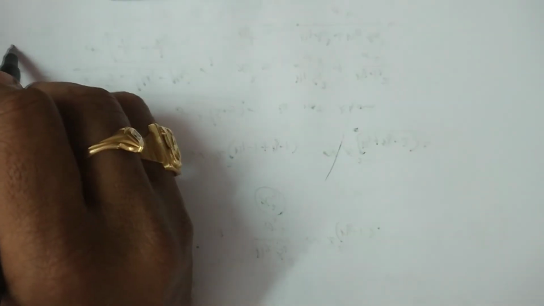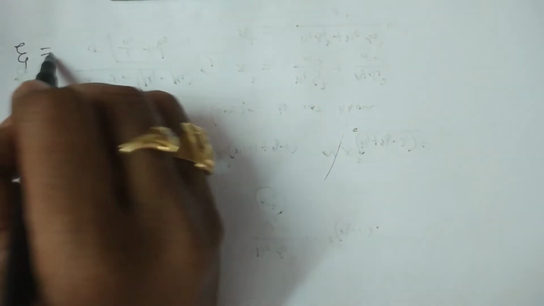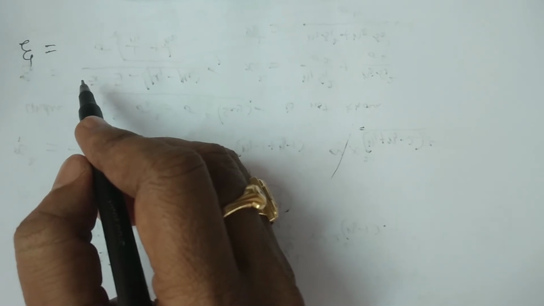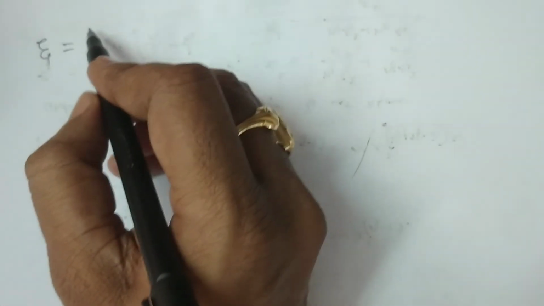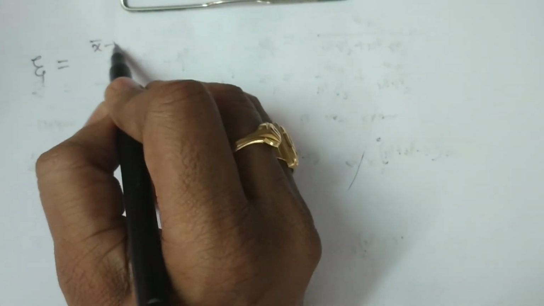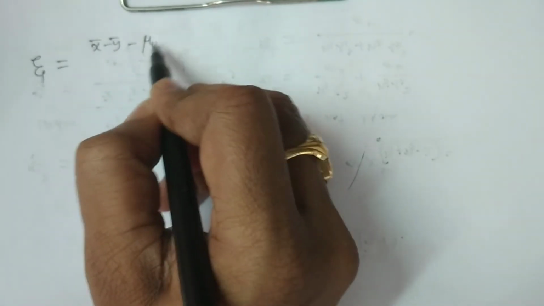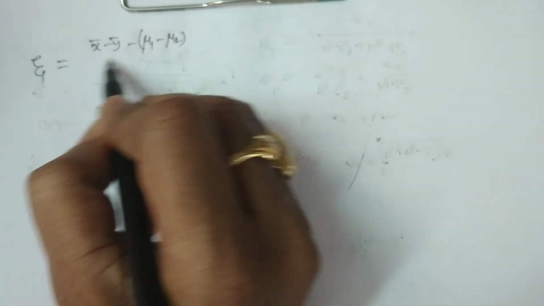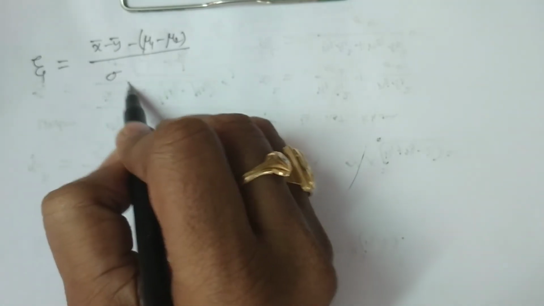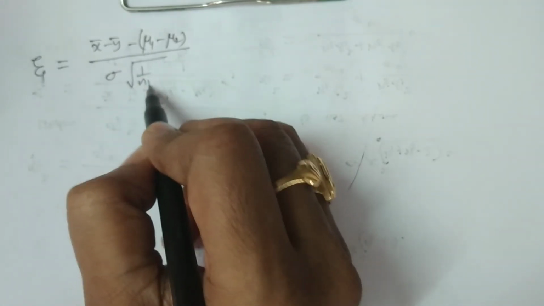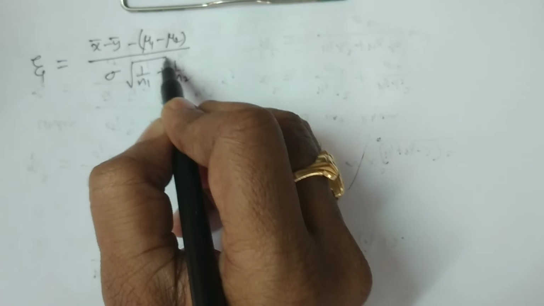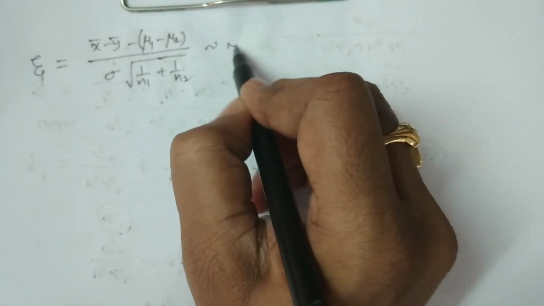So again I write the values of the standard normal variate and chi-square variate. Standard normal variate chi is equal to x bar minus y bar minus of mu1 minus mu2 divided by sigma into square root of 1 by n1 plus 1 by n2, which follows N(0,1).